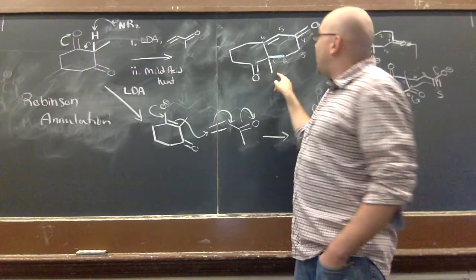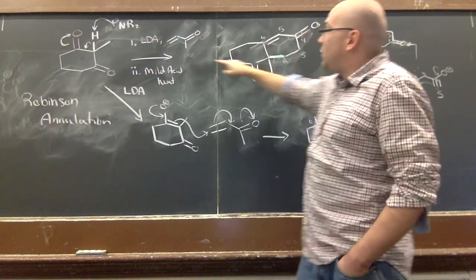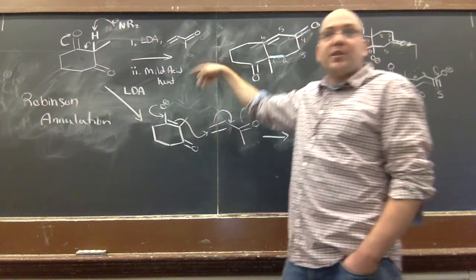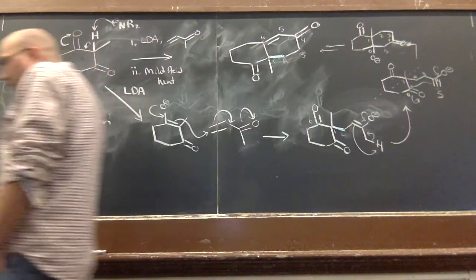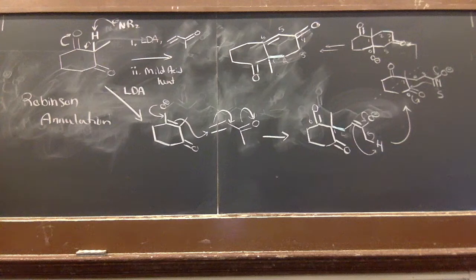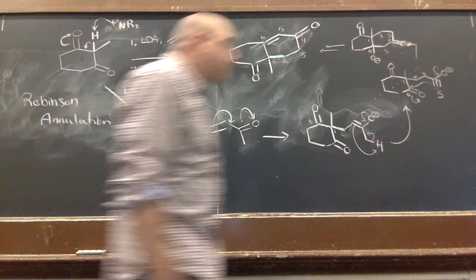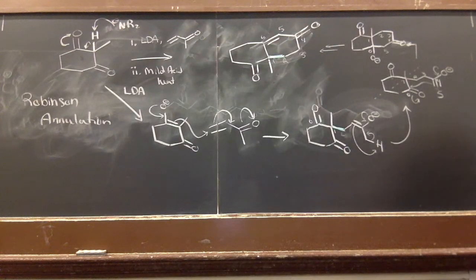If you wanted the methyl group, for example, there instead, you could have a methyl group at that position. So there's a lot of flexibility to make what we call decalin scaffolds. You can even make, for example, 6-5 systems as well. If, say, this was a 5-membered ring and you want to make that part of the steroid. So it's a very, very useful reaction, and very important reaction.